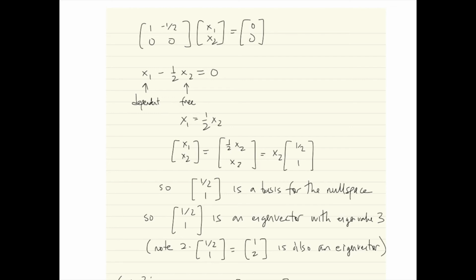And if I write them as a vector, x1 is 1/2 x2, x2 is the free variable, factoring out x2, I get (1/2, 1), and so (1/2, 1) is a basis for the null space of A minus lambda I. In other words, (1/2, 1) is an eigenvector with eigenvalue 3.